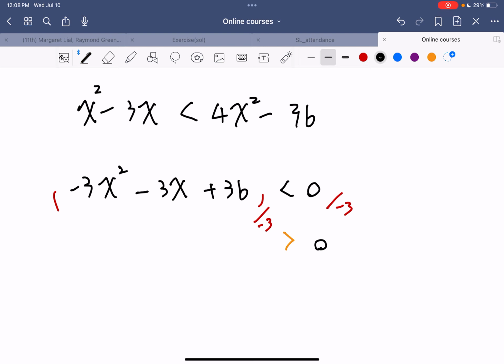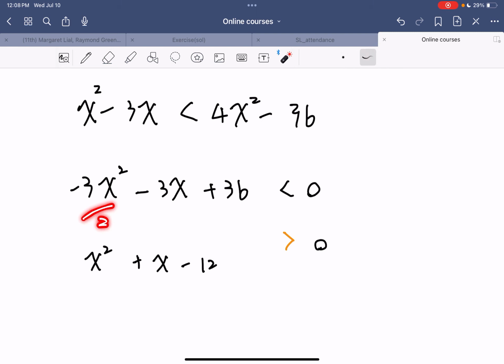So for the first one, we got x squared. Second one, we plus x and minus 12. We erase this. So divided by -3, they cancel each other. -3 cancel. -3, it become -12. Okay.